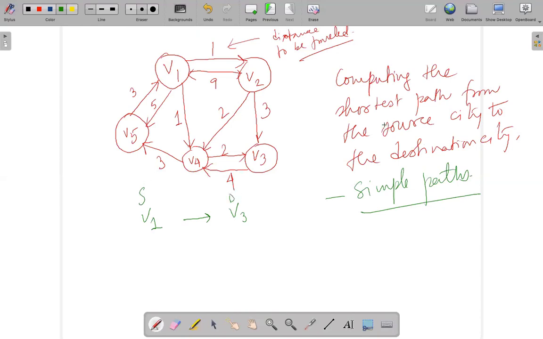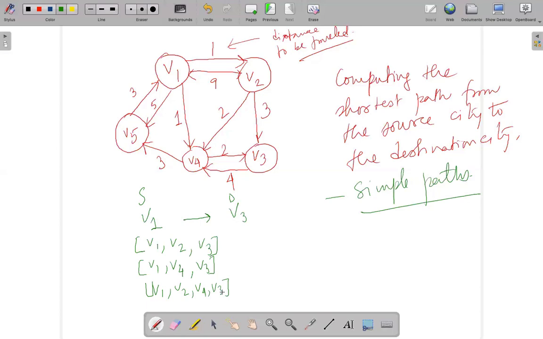Then the simple paths from V1 to V3, as you can see, are V1, V2, V3; V1, V4, V3; and V1, V2, V4, V3.